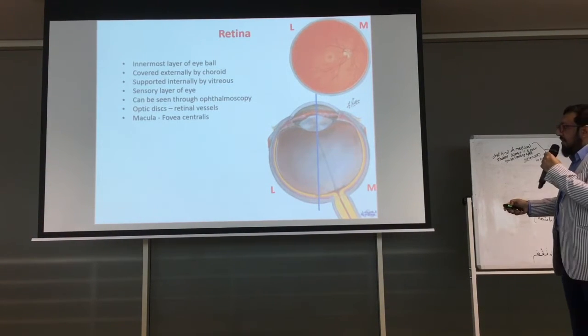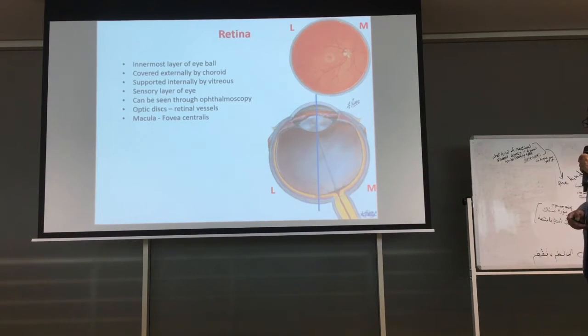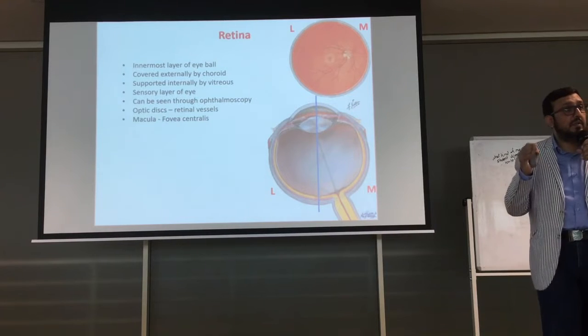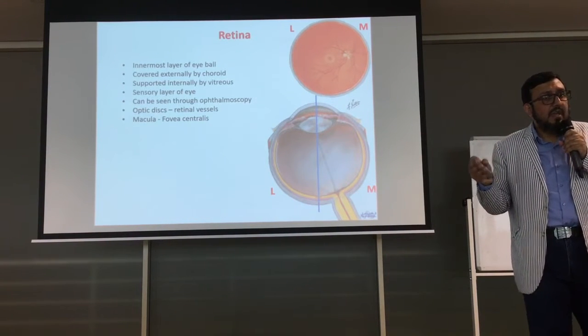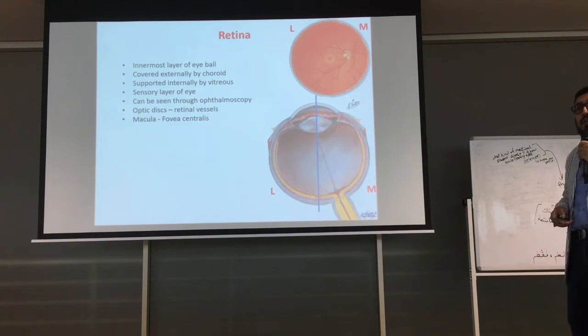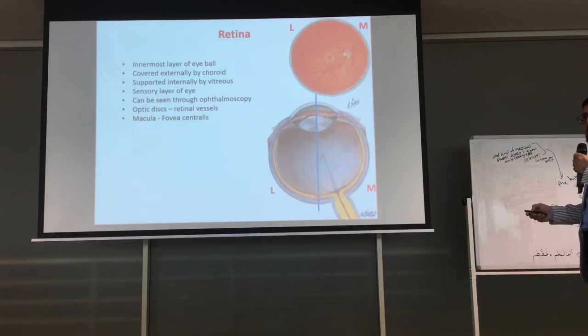At the same time, all the fibers generated from the retina merge over here and make the optic nerve. So this area is devoid of rods and cones, which are the primary receptors of your visual acuity. So this spot you cannot see, hence it is called the blind spot. And this blind spot lies a little bit medially.